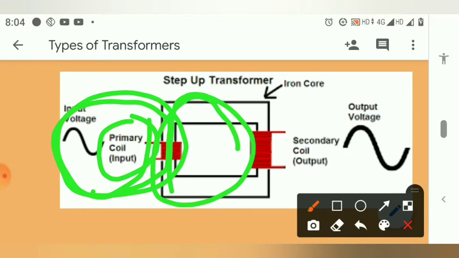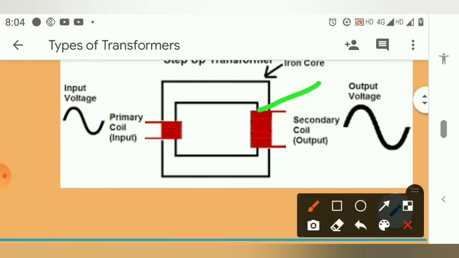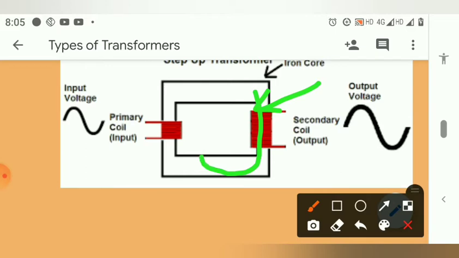Through that, an EMF is induced in the secondary coil, that is the output coil, and here also the magnetic flux increases.